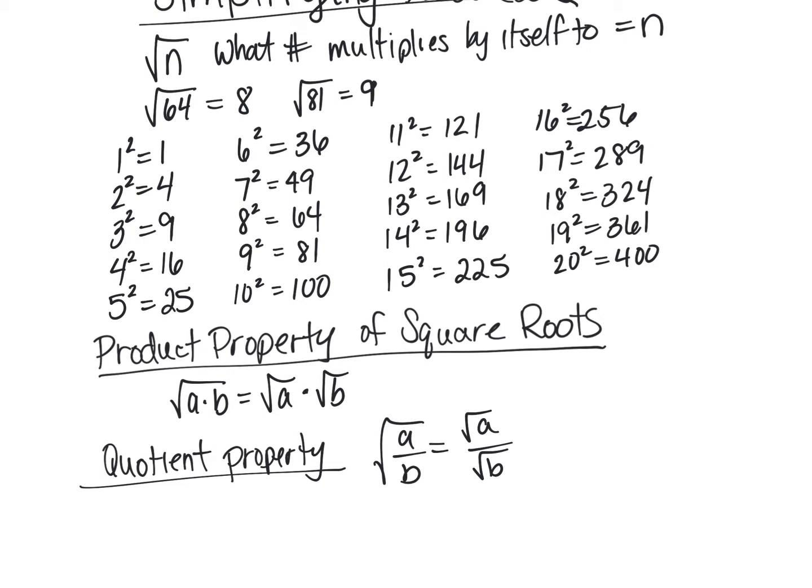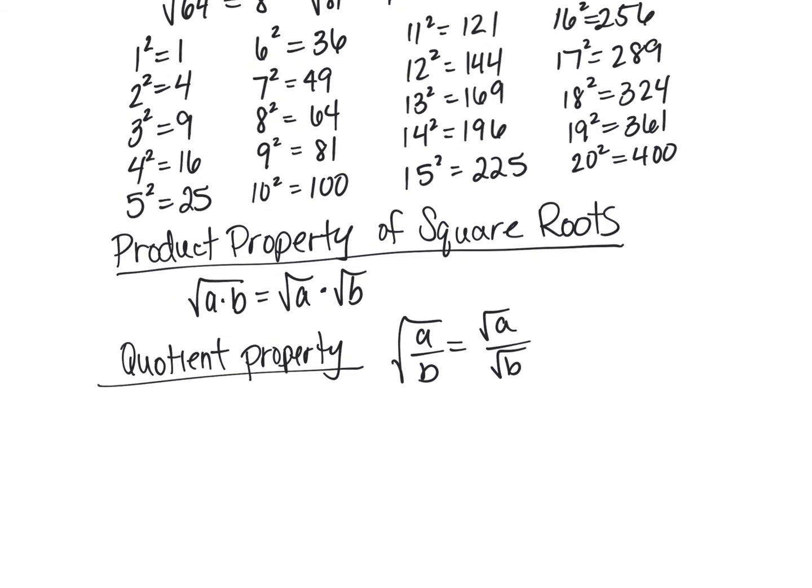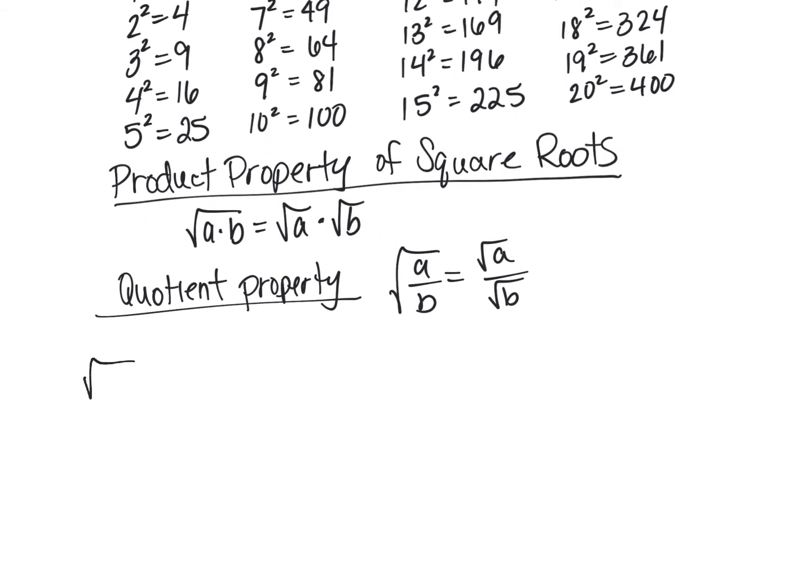That the square root of 64 is equal to 8, because 8 times 8 equals 64, right? And so that equals 8.